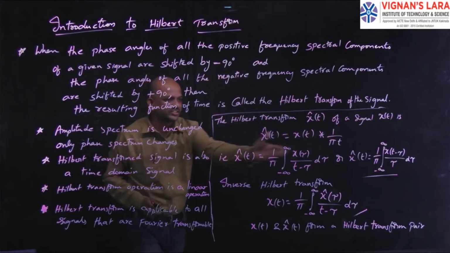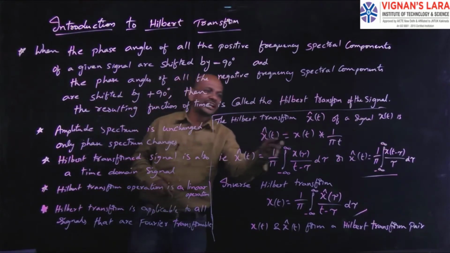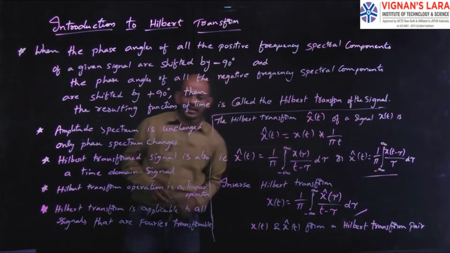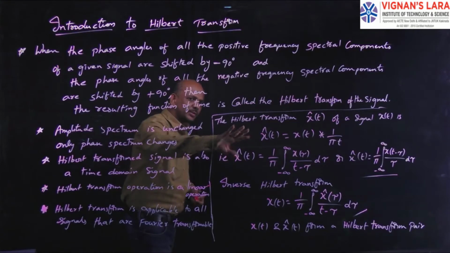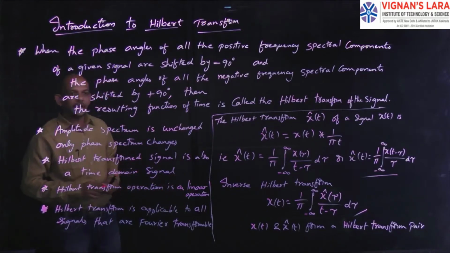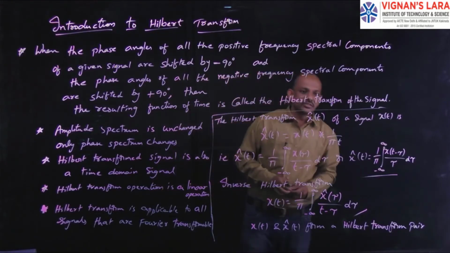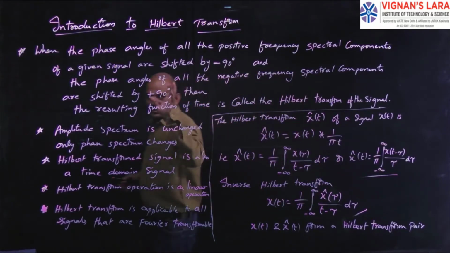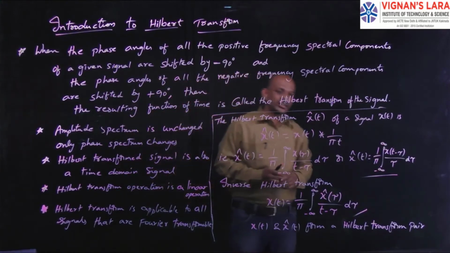So simply on seeing these equations, we can say that the Hilbert transform operation of x of t is a linear operation. And for which signals will we apply this Hilbert transform? This Hilbert transform is applicable to all signals that are Fourier transformable. That is, for the signals for which we get the Fourier transform, for all those signals we will get the Hilbert transform also.